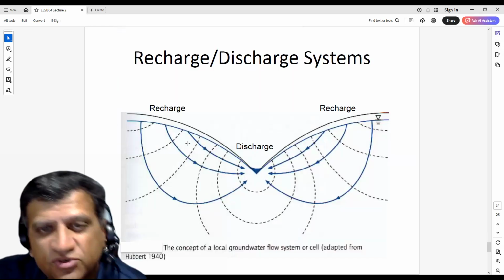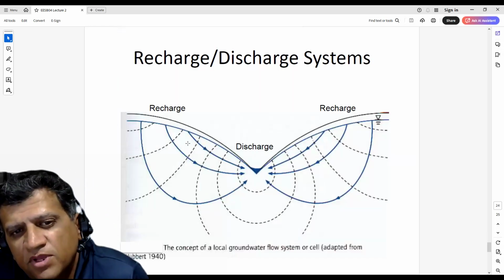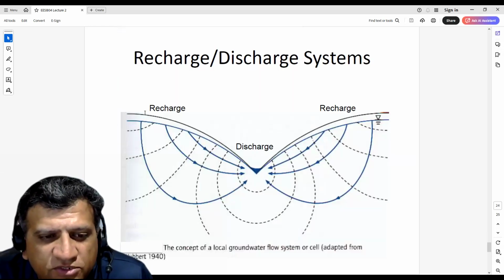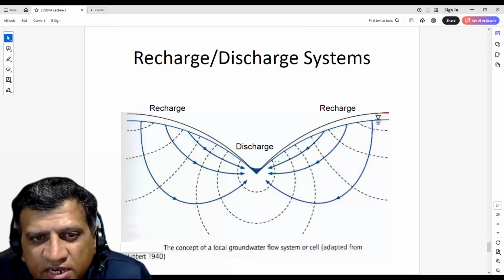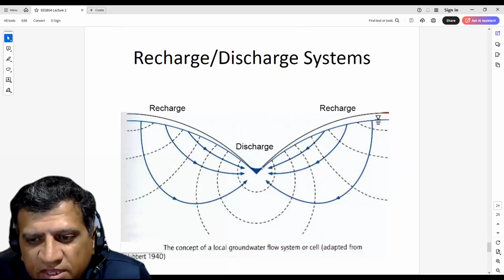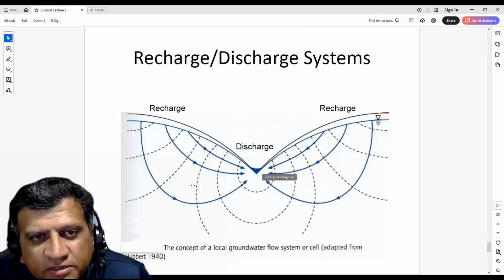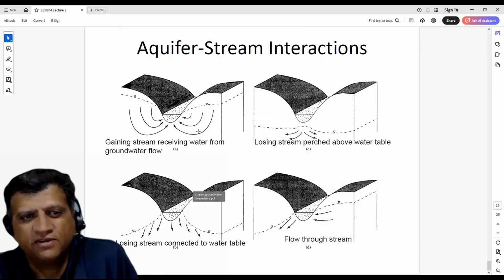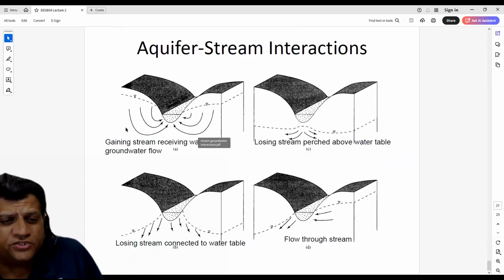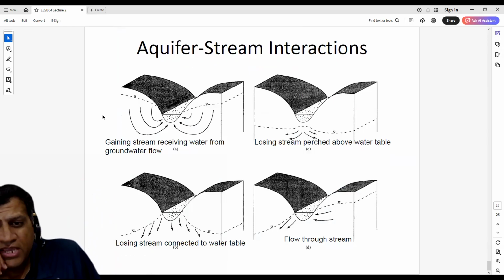And this is what I was trying to show you guys earlier, how groundwater has a recharge area and then a discharge area, which is usually a surface water body. As you can see here, during regular conditions, usually streams are gaining streams where they're gaining water through groundwater.